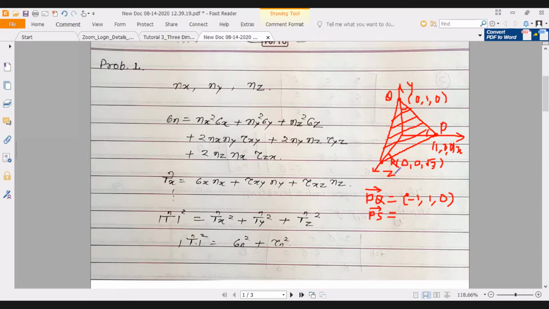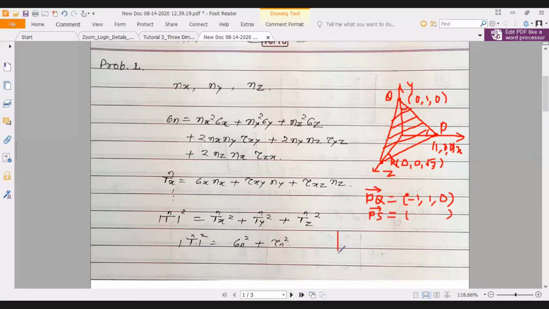Similarly, in the same way you can calculate the vector coordinates for this line PS. Got it? So now the vector coordinates of these two lines are calculated. The line which is perpendicular to this plane you will calculate by the cross product of these two.